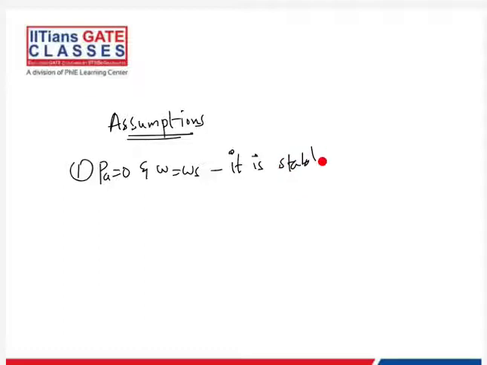So first assumption is that the point where acceleration is equal to 0 and omega is equal to omega s is considered as a stable point, right?